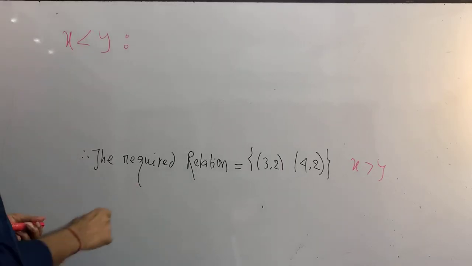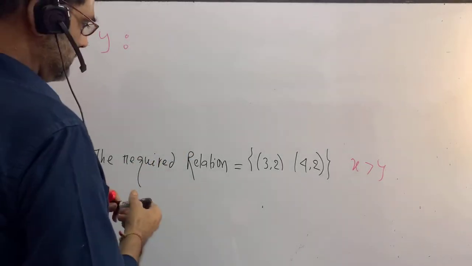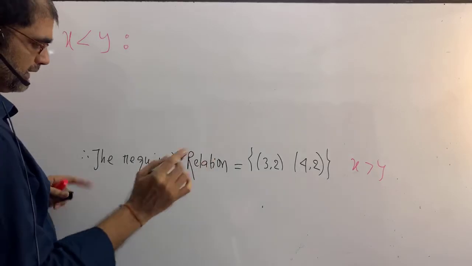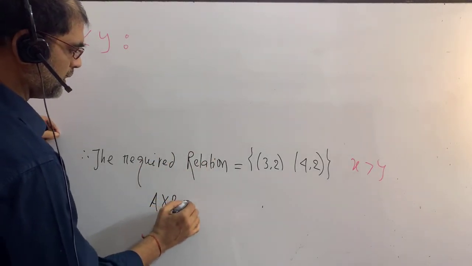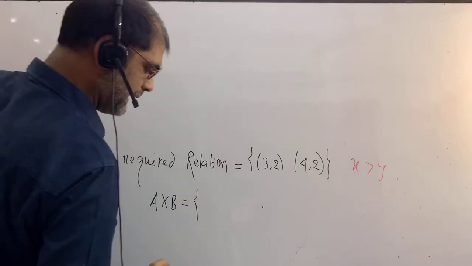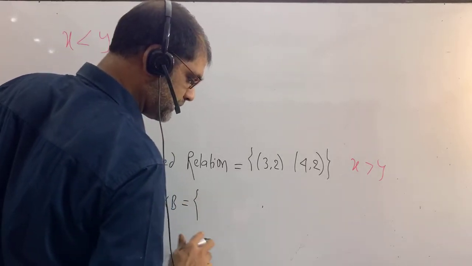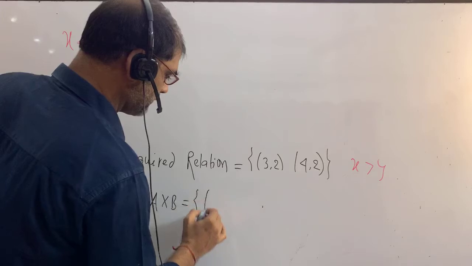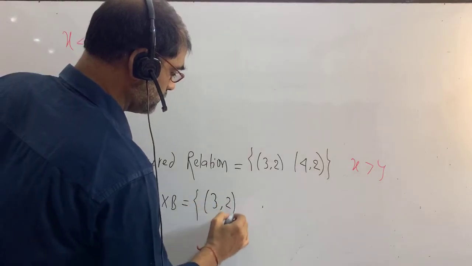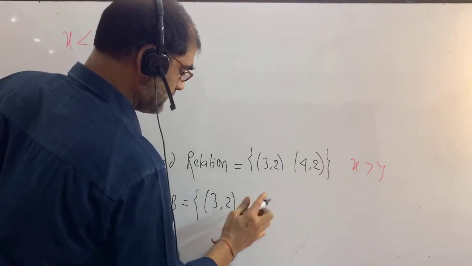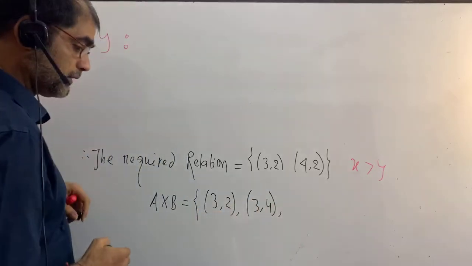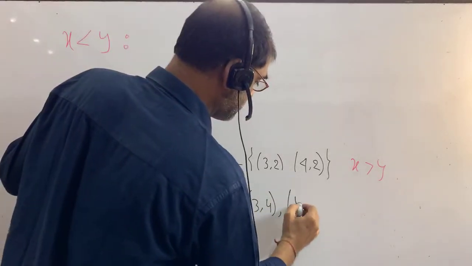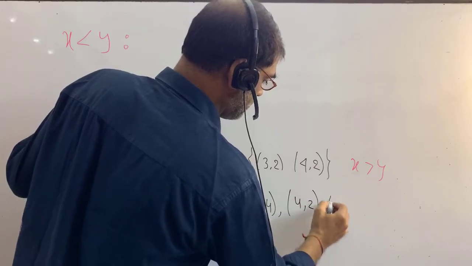Okay, what was A product B? I am writing again. A product B was 3 comma 2, then 3 comma 4, then 4 comma 2, 4 comma 4.